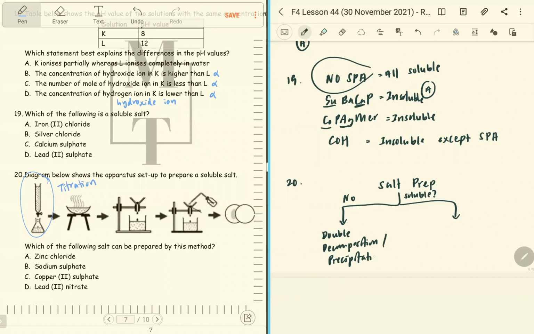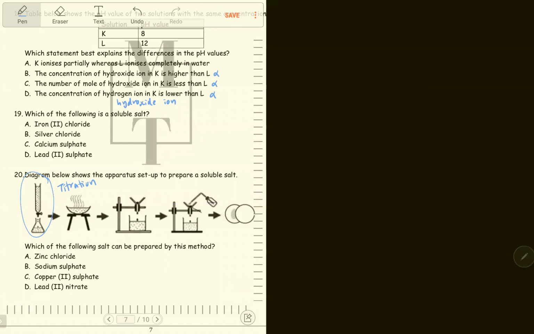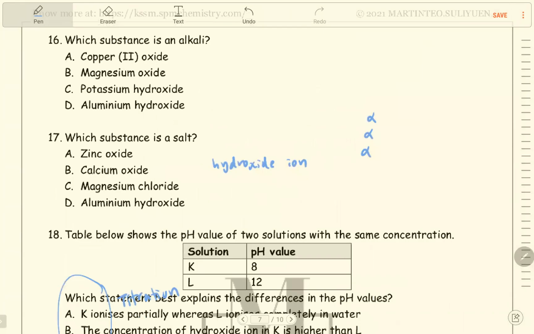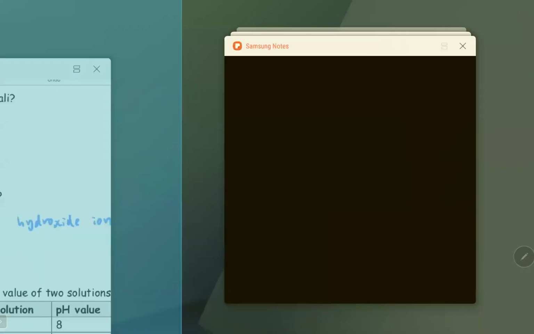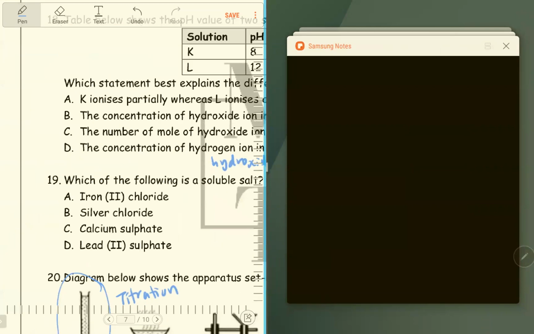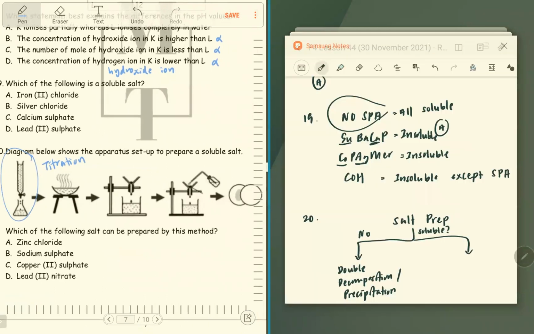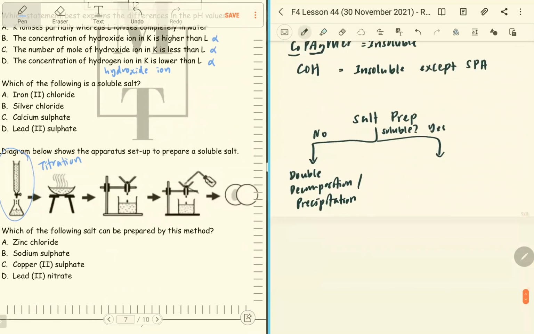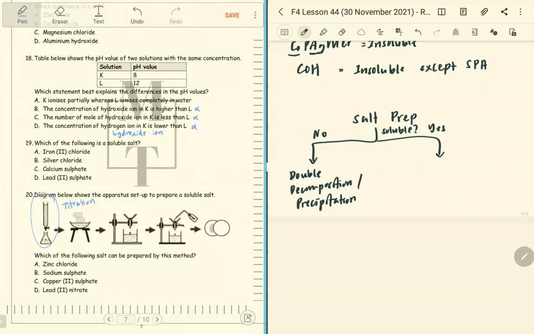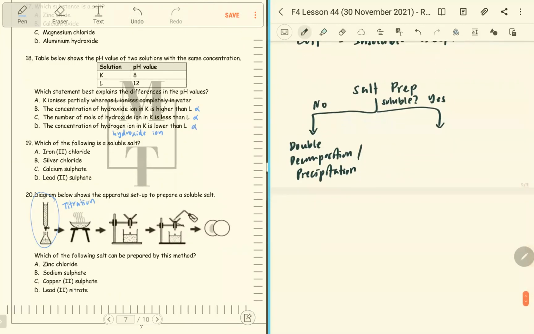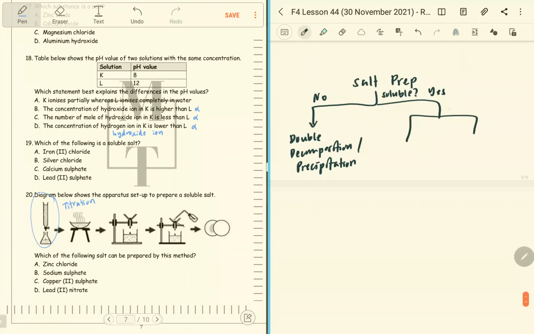If it's soluble, you ask yourself another question: does it contain spa?